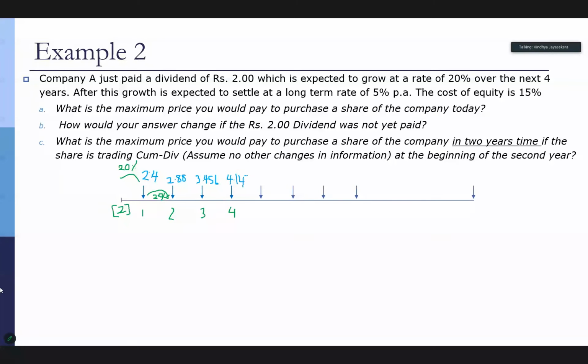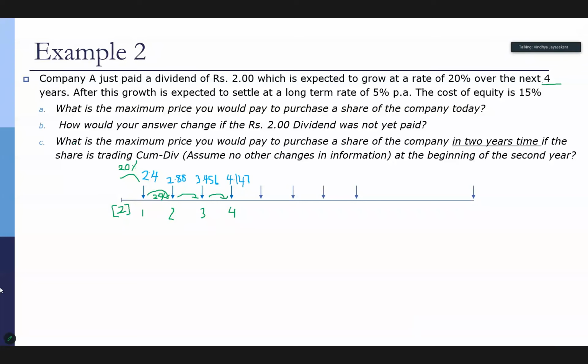So these are the dividends that you're expecting to get at a 20% growth for the first 4 years. So from 2 to 2.4, from 2.4 to 2.88, from 2.88 to 3.456, and then to 4.147. That's for the first 4 years.